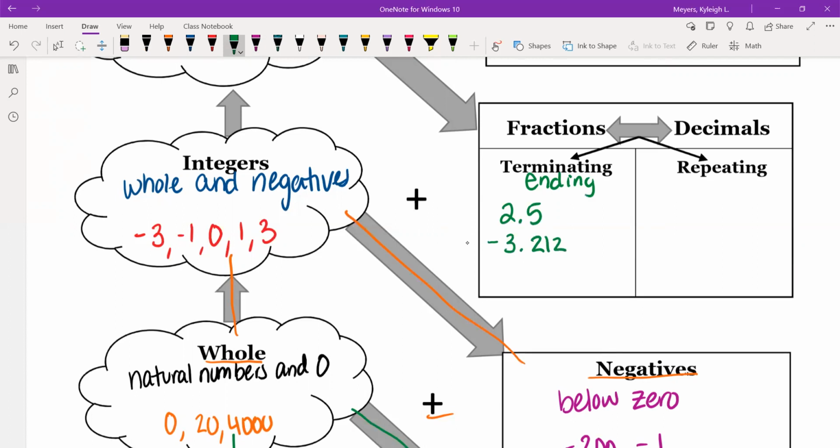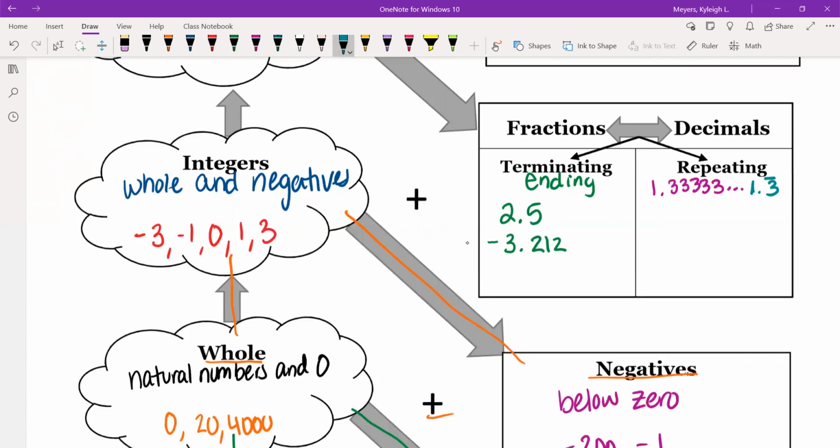Repeating are numbers that go on and on forever. A common one you probably know is 1.333333, never ending. You'll probably see that written as 1.3 with a repeating bar over it.